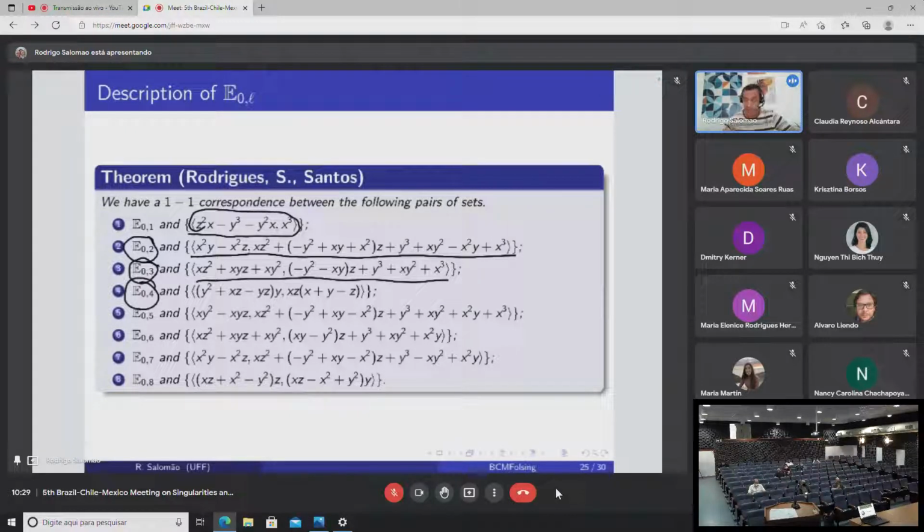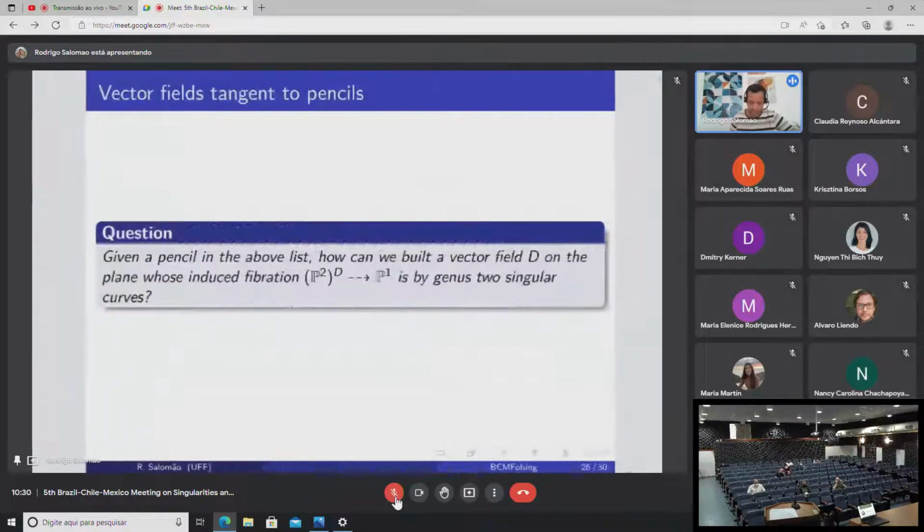And to finish the talk, because I think it's time to finish, I just would like to remark another interesting phenomenon here, which is the computation of the vector field.